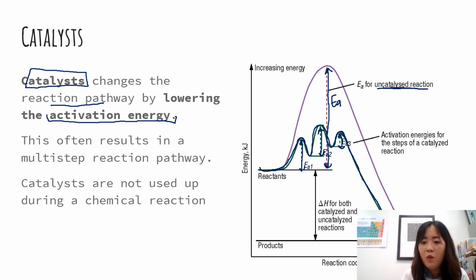So we do have multiple steps, yes, but the steps themselves go so much faster because the activation energy requirement is so much less. On Monday, we'll look at how this actually works, how catalysts really lower that activation energy. That will all lead us to the end of our short kinetics unit.